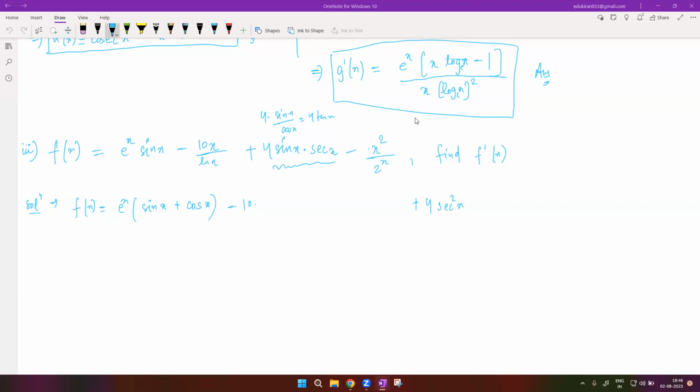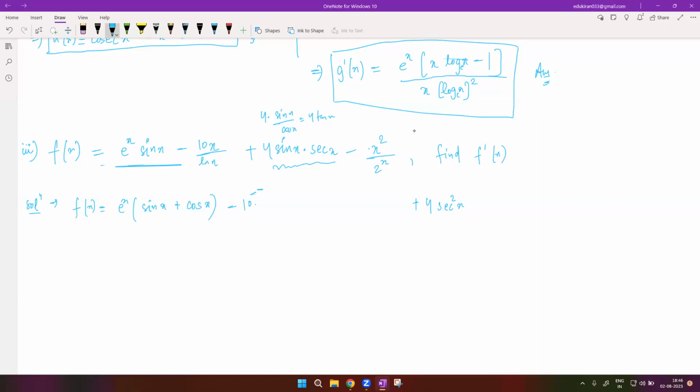These two parts, this one and this one. Anyone? Okay. In that case, we can start with this x upon ln x.